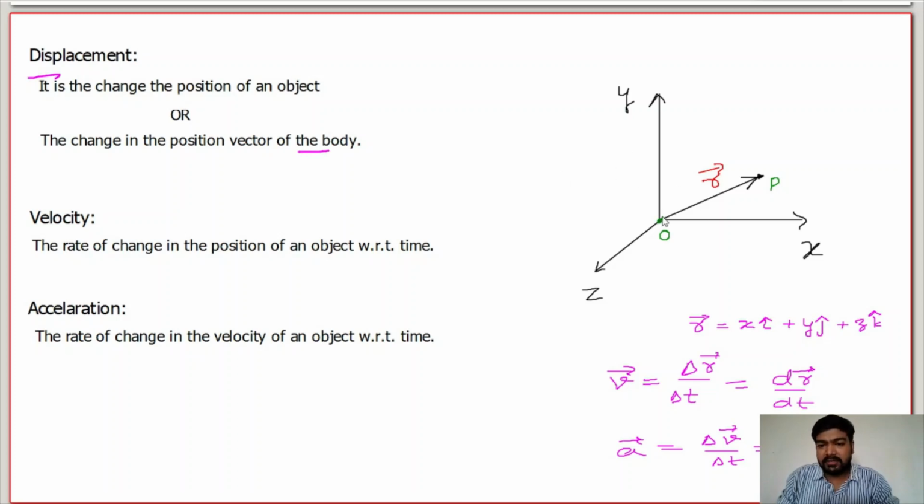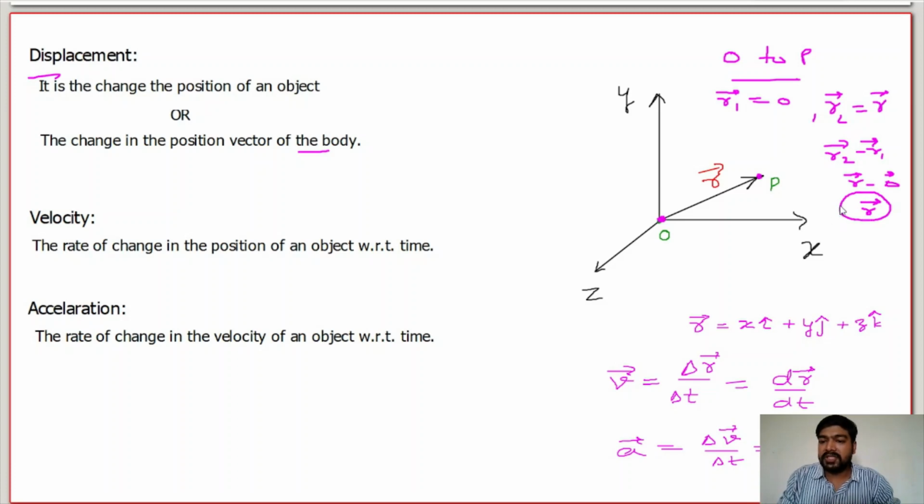Here I have taken the example where the body has moved from O to P. The position vector at O is 0, that means here R1 is 0 and R2 is R. And R2 minus R1, that means R minus 0, is the null vector. So this is our displacement.